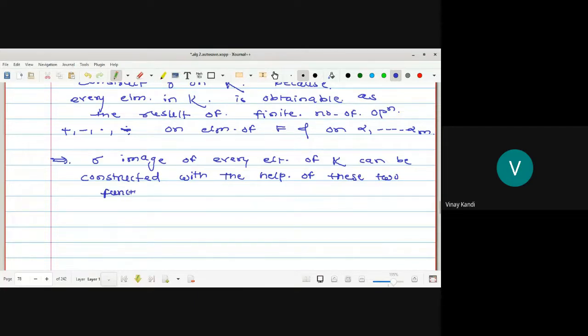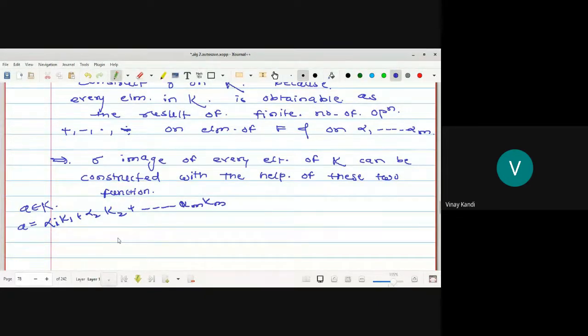Now suppose this A belongs to capital K. What is A? A can be obtained with the help of the alphas. This A can be written as alpha 1 K1 plus alpha 2 K2 plus up to alpha m Km, where the alpha i's are elements of S and K1, K2 are elements of the field F. Every element of K we can obtain. So here apply this sigma on this element.